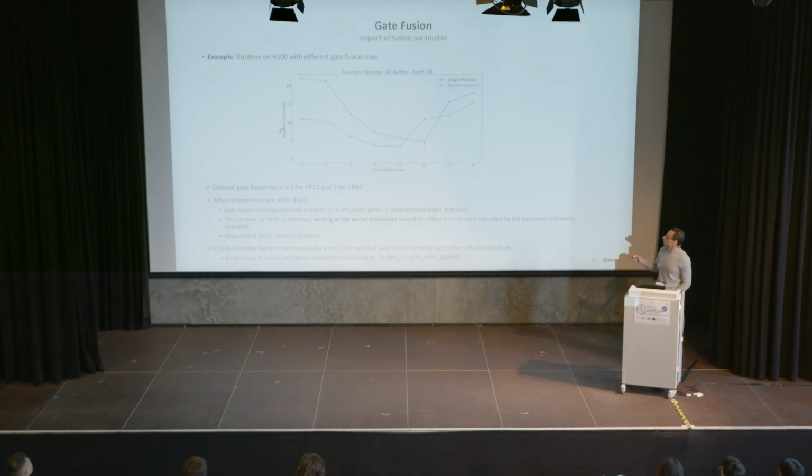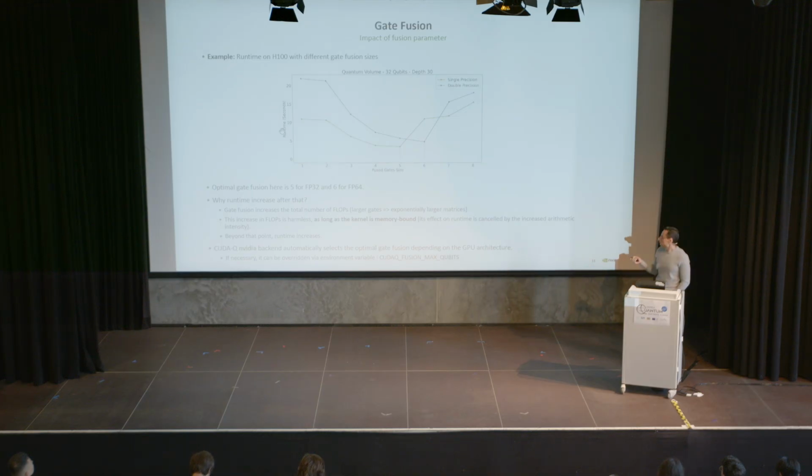Beyond that, the runtime starts increasing again, which can seem surprising because we just saw in the previous plot, even beyond that point, the number of gate applications was going down, and we saw the arithmetic intensity is also going up. So why is the runtime increasing?